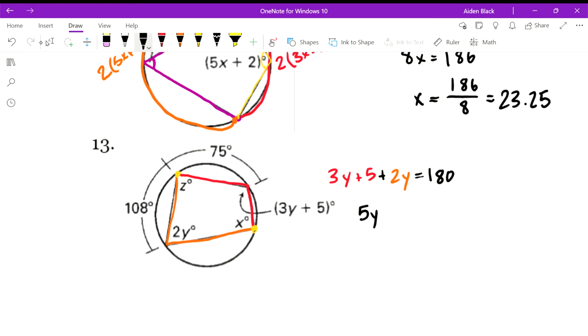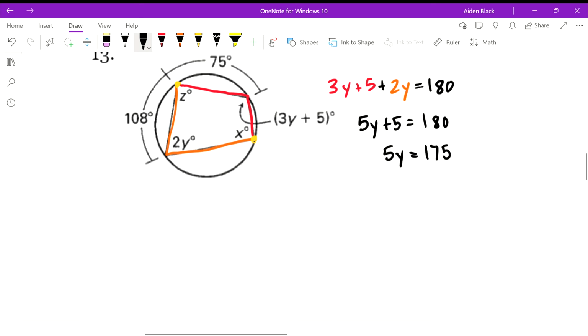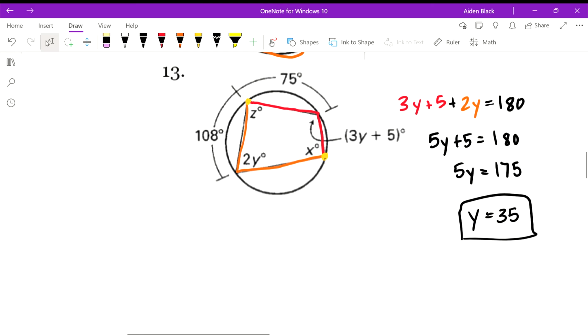Combine like terms, you get 5y plus 5 equals 180. Subtract 5 from both sides, you get 5y equals 175. So y equals 175 divided by 5, 35. Okay, we got y, but of course we need x and z.